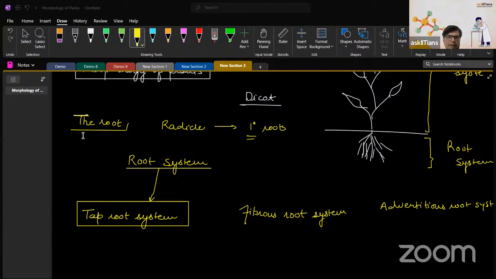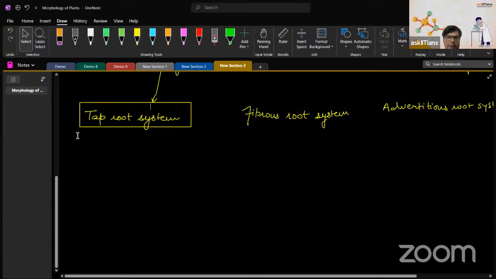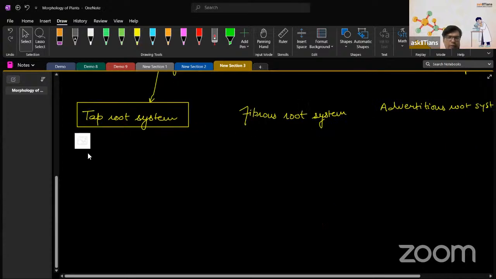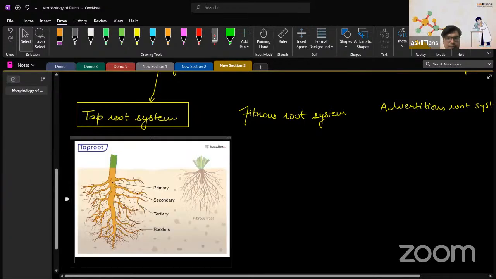So here we are with the taproot system. Let's continue with that first. So I'm going to use this diagram here. Yeah, here we have the diagram, the taproot system basically.